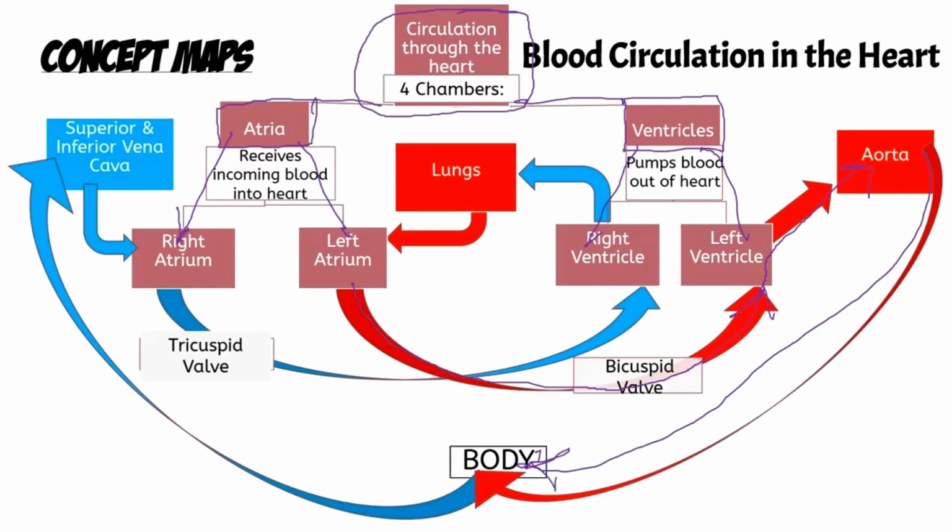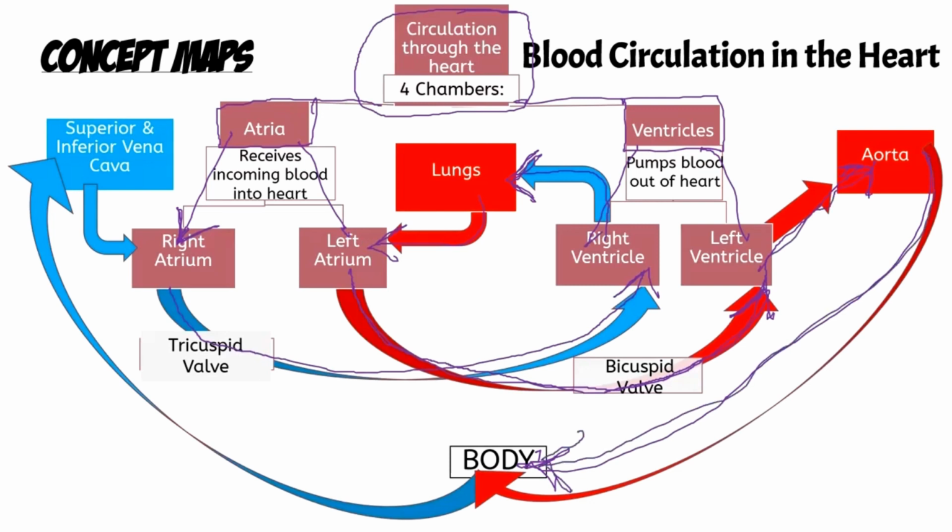The blood that goes into the right atrium goes through the tricuspid valve up to the right ventricle, follow these blue lines, over to the lungs where it turns red because it gets oxygenated, over to the left atrium, and then again we're back to where we were in the first place. We go through the bicuspid valve to the left ventricle to the aorta and out to the body.